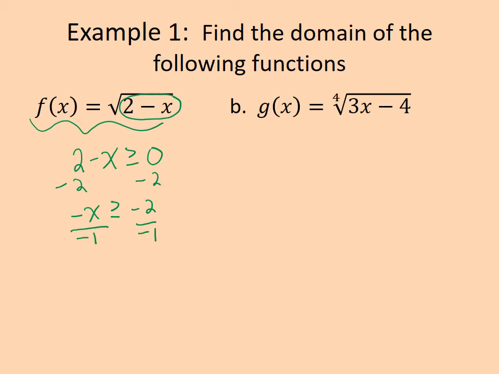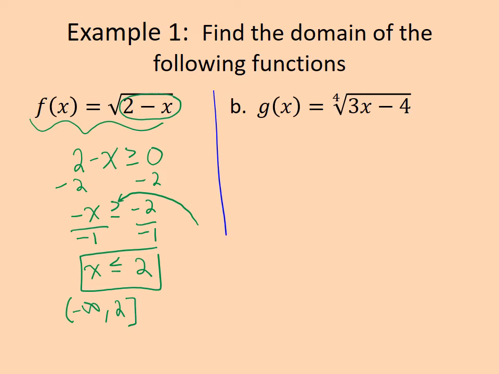Remember, when you divide by a negative with an inequality, you must reverse the sign. So x is going to be less than or equal to positive 2. In inequality notation, it's x is less than or equal to 2. In interval notation, it would be negative infinity to 2, close bracket.